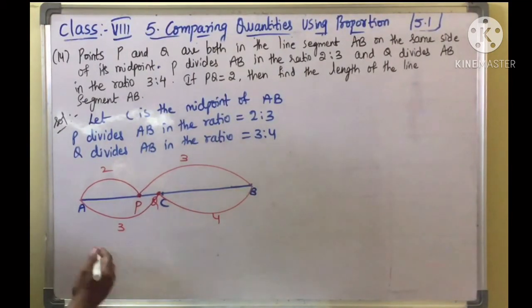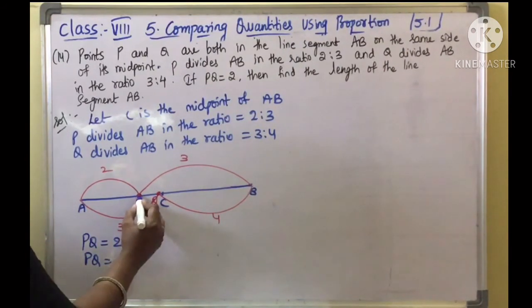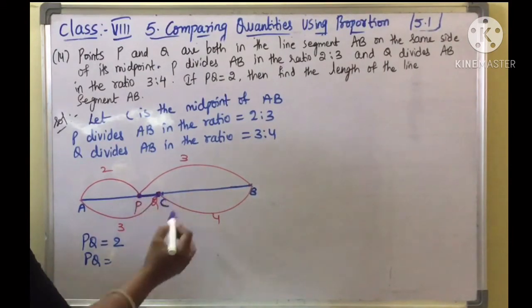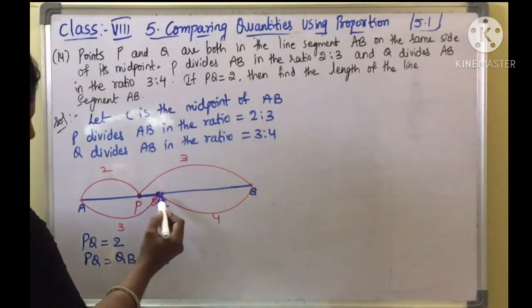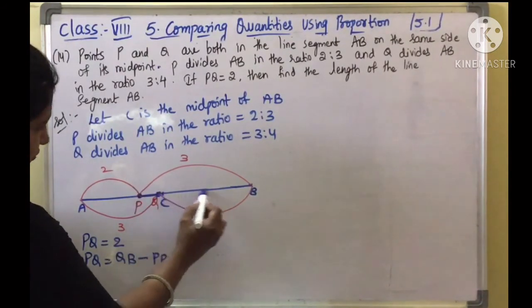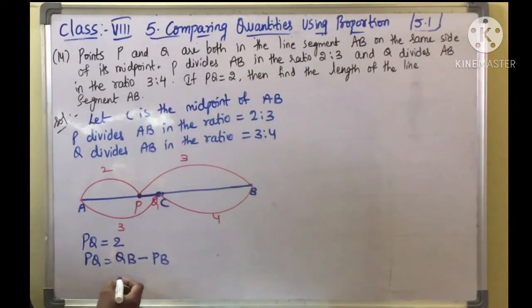Now coming to the question now. What is given for you? PQ equal to 2. Actually PQ how to find, children? Here I want only from here to here. How to find PQ? You should do QB minus PB. When you subtract this from whole, you will get, right? Then what is QB here?